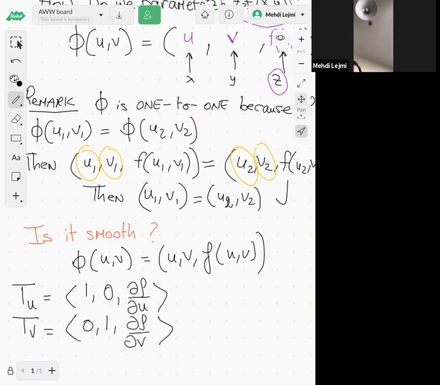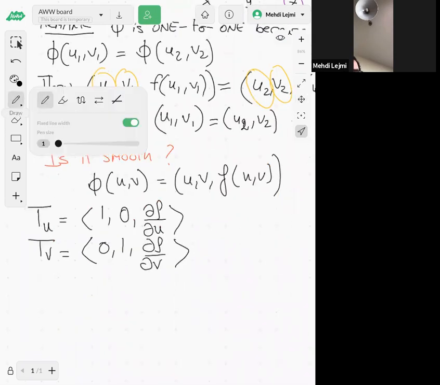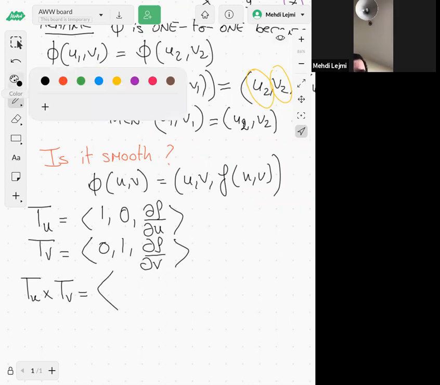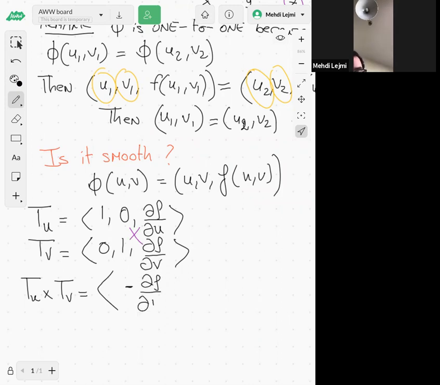And so tu cross tv, the cross product of the two vectors, will be equal to, please guys, again, if you have trouble with cross product, just let me know. So you cross multiply here, and that's minus partial f, partial u.